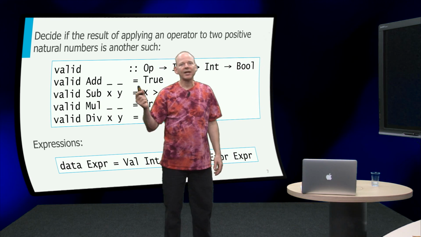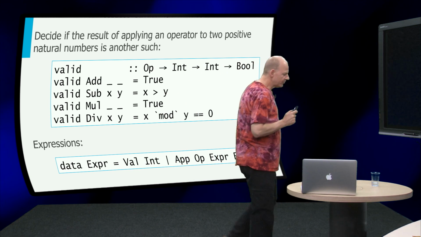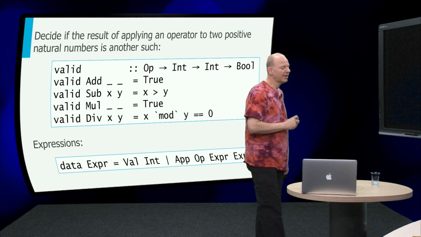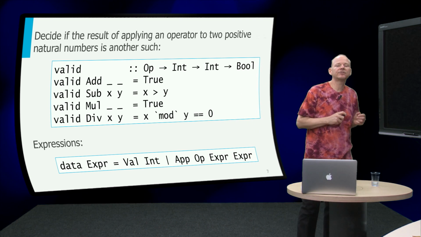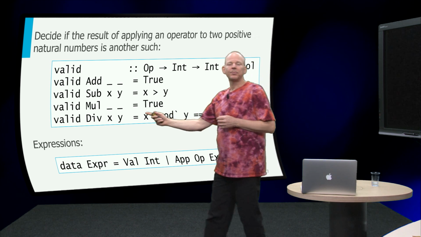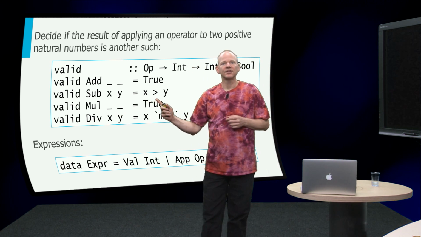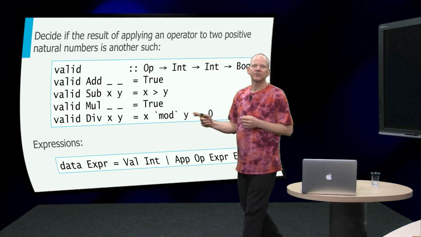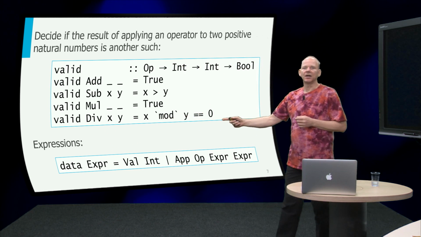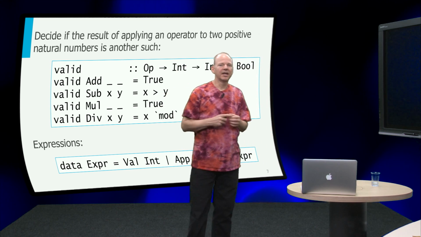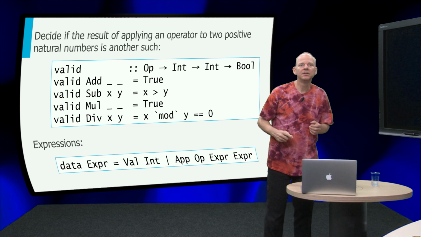If we subtract two numbers, we must make sure that the first number is bigger than the second number, because otherwise the result would be negative, and that is not allowed. Multiplying two positive numbers is always positive, and when we divide two numbers, we have to check that they are actually divisible, because otherwise we don't get a natural number.